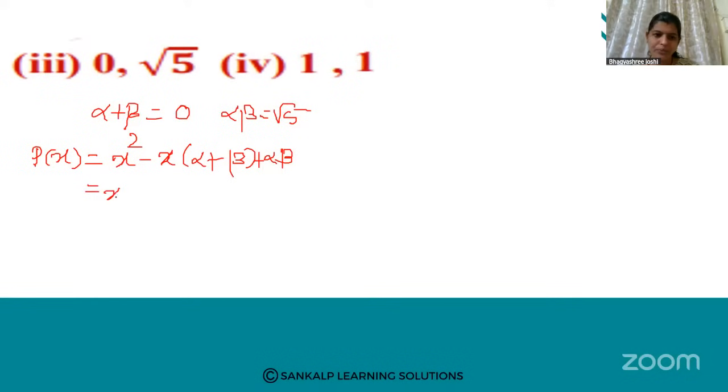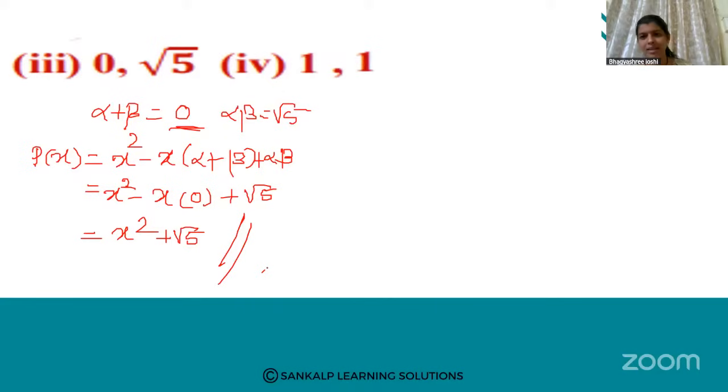Now dear children, x square minus x into, what is the value of alpha plus beta? 0 plus root 5. X into 0 is 0 only, plus root 5. So I will get x square plus root 5. This is our required polynomial.